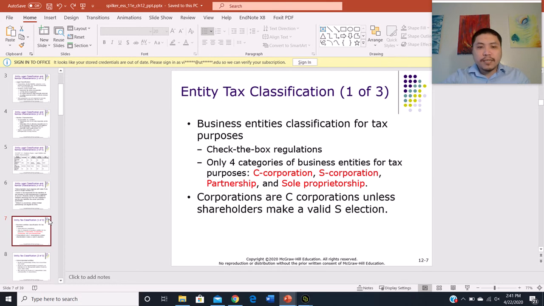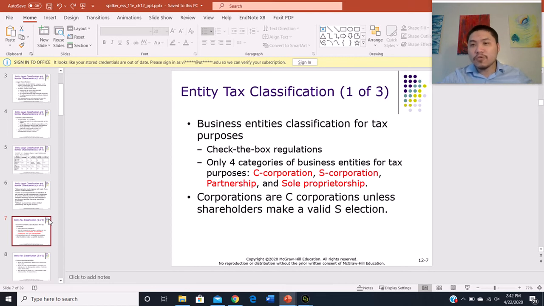And as we mentioned earlier in the lectures, C corporation is the only type of entity that has its own tax return. So business owners have to file the tax return for the business itself, not commingle the business with their own individual tax return.